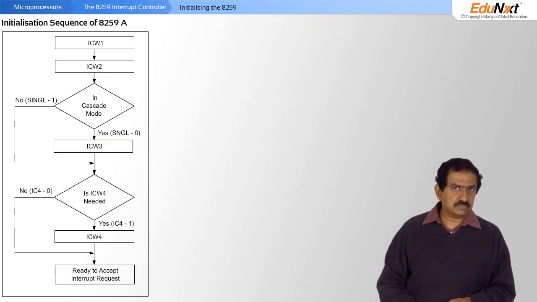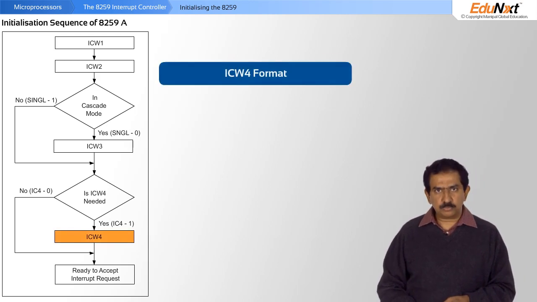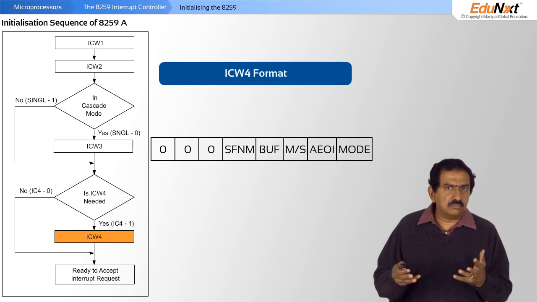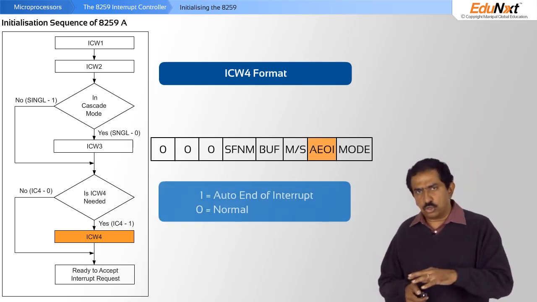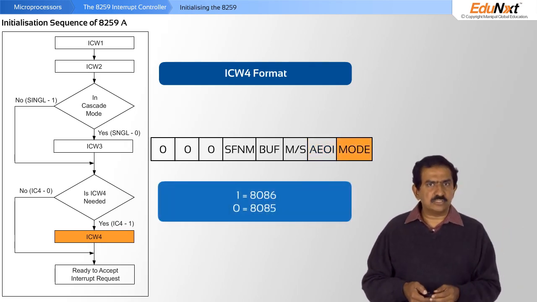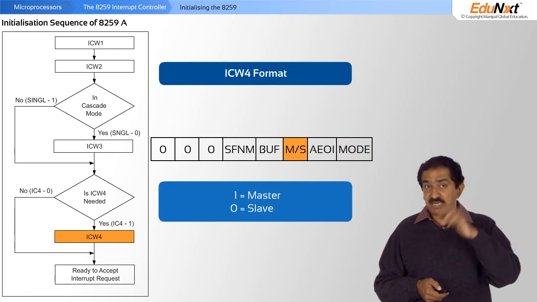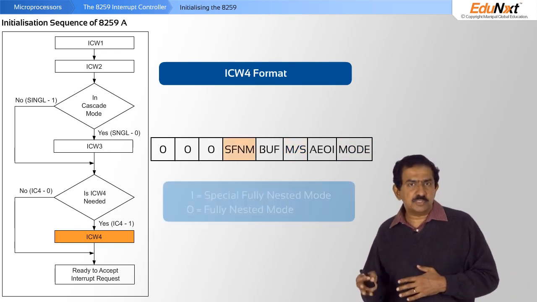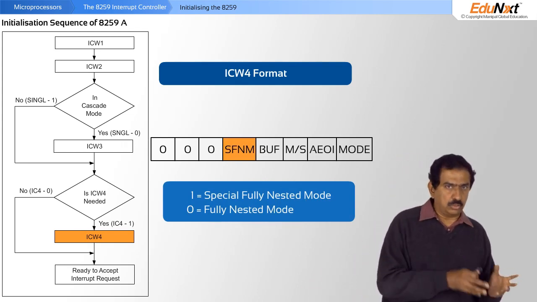The last control word is called ICW4, and this helps you program the 8259 to provide a series of services: whether it is auto end of interrupt or the normal, whether the 8259 is connected to 8086 or 8085, whether it is a master or a slave, and whether it is in what's called a special fully nested mode or not.